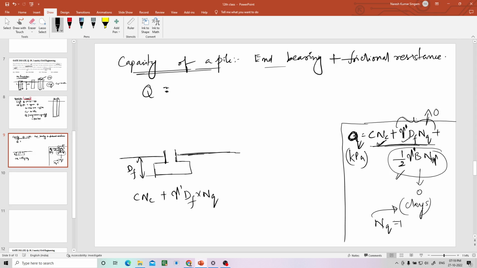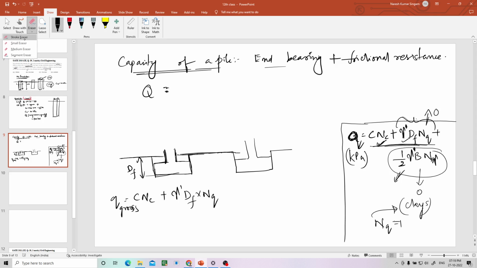Anyway, this is 0, I am not writing this. Okay, this is gross. So in case of net, for this foundation to be constructed, what do you do? You will excavate this much soil. So let us say this much soil you will excavate. After that, you will construct this foundation.